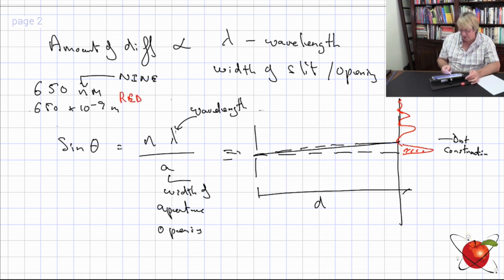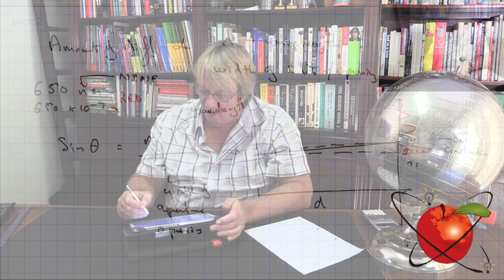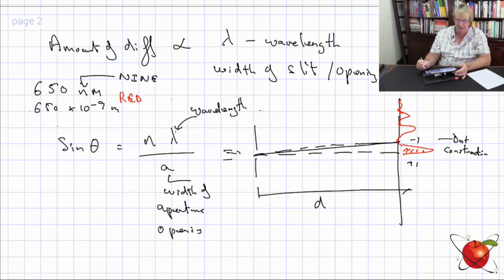And the n. What is the n? This one is minus 1, and the corresponding one on the other side would be plus 1. It is the order number of the pattern that you want to get to.